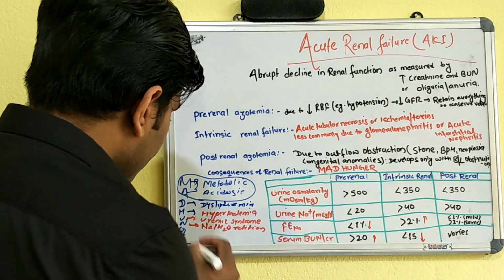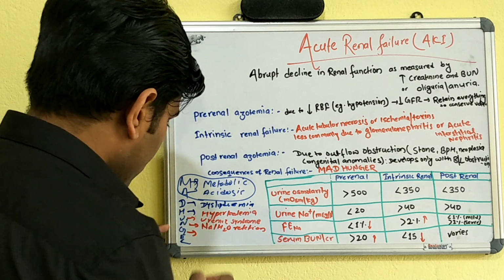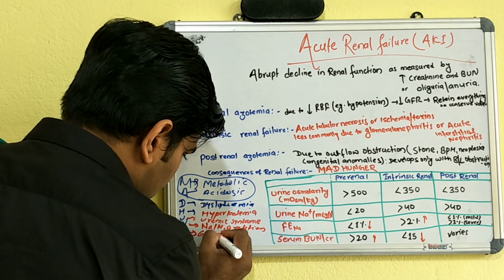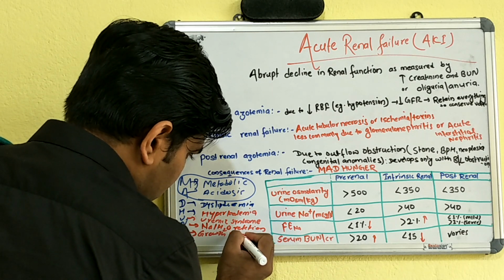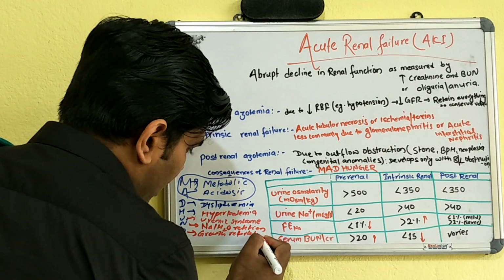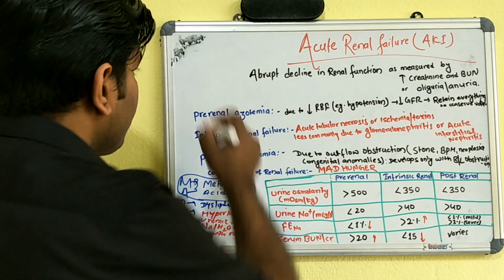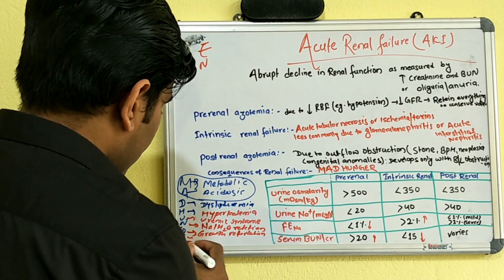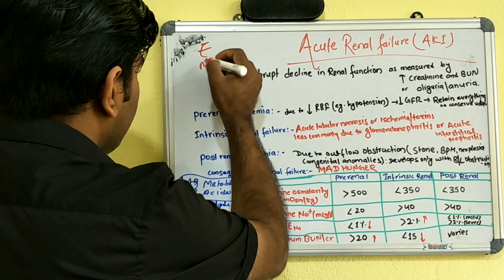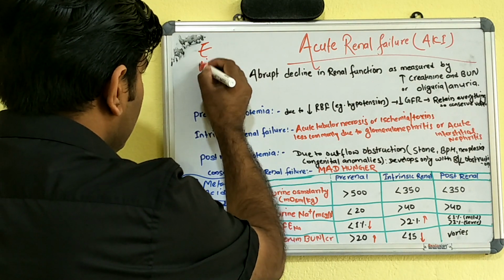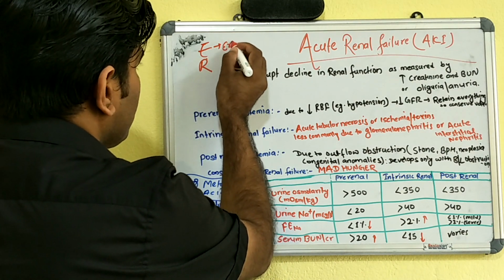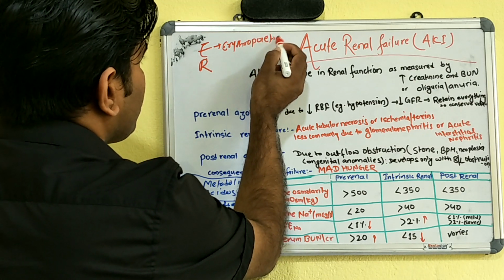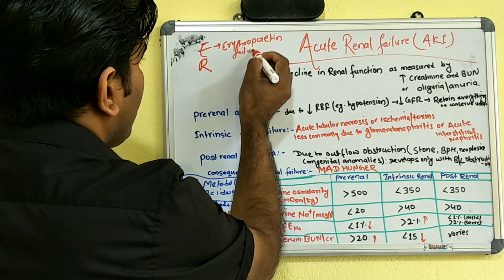Okay, then G, the growth retardation and developmental delay. Then we have E and R. E is for erythropoietin failure, and that is anemia.